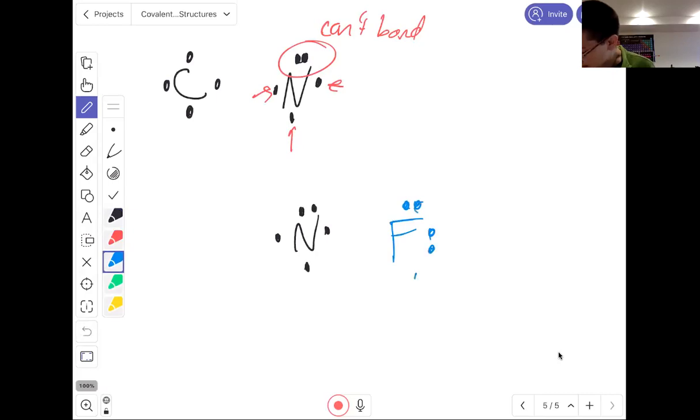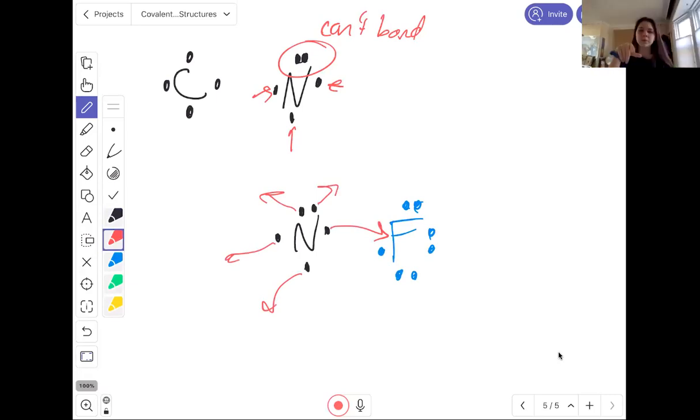How do you decide who gives and who receives? Sure, the fluorine's happy, but the nitrogen is not. Nitrogen would have to give away how many? 5. Guess what? That's not going to happen. It wouldn't be able to bond completely.